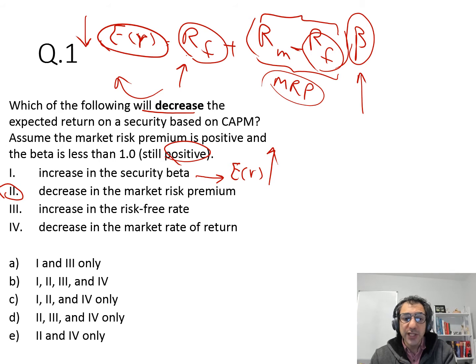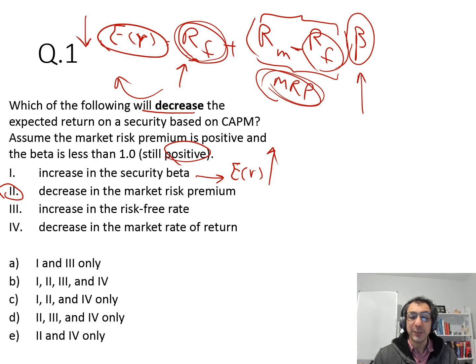So increasing the risk-free rate will increase the risk-free rate here, reduce the MRP, but the reduction in MRP is less than the increase of the risk-free rate, which means your expected return should go up. So that's why statement 3 shouldn't be correct, because it actually increases the expected return of your investment.